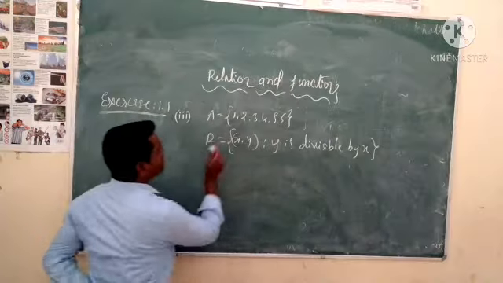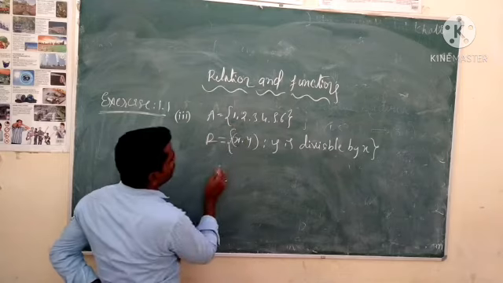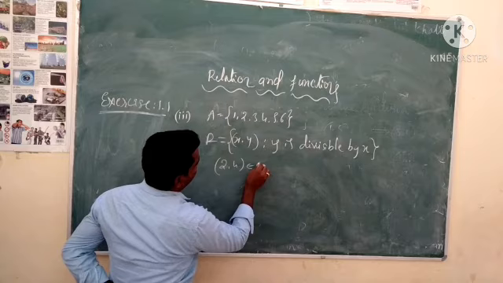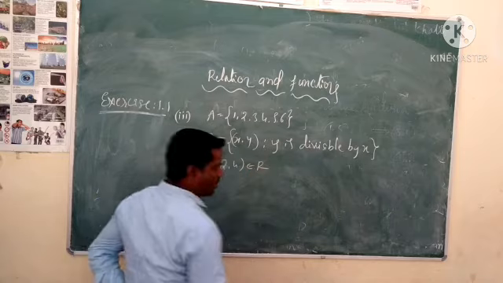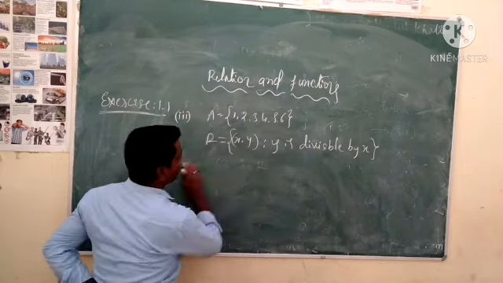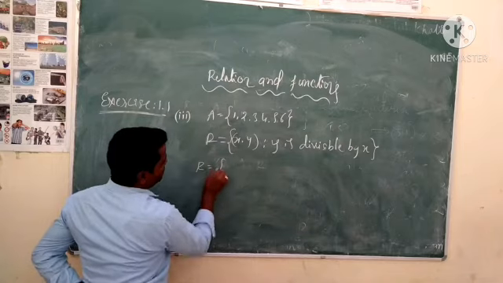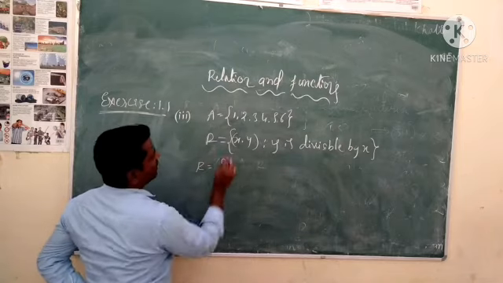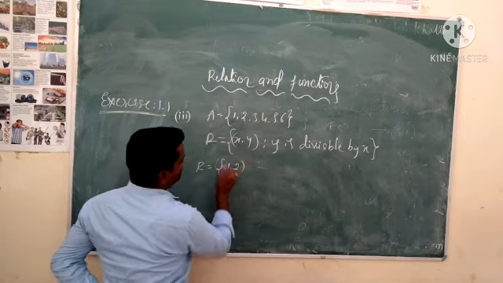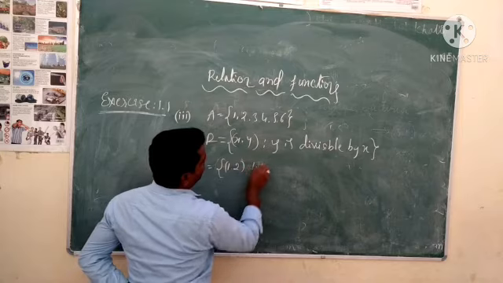So here we can take any two numbers, for example (2, 4) belongs to R. We can write the ordered pairs: R is equal to (1, 2), next (1, 3).